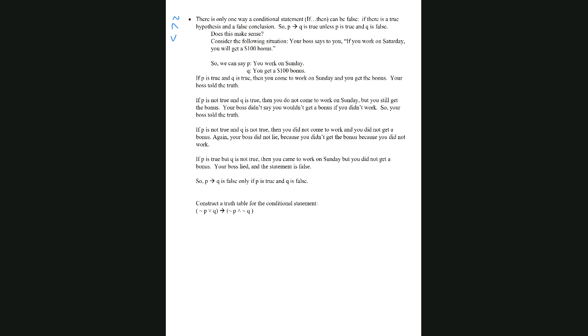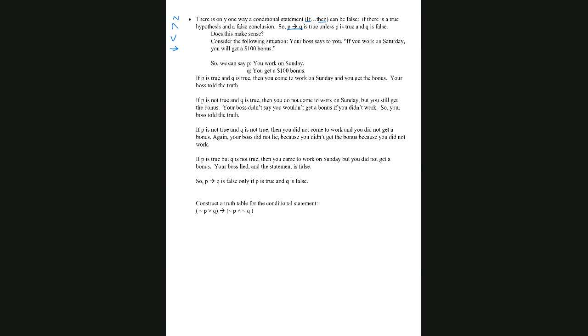So next what we want to do is introduce truth values for the conditional statement. Now remember, a conditional statement uses the symbol of an arrow, and what that arrow stands for is if then. So this means if P then Q. The statement that goes along with if, or the first statement, is called the hypothesis.